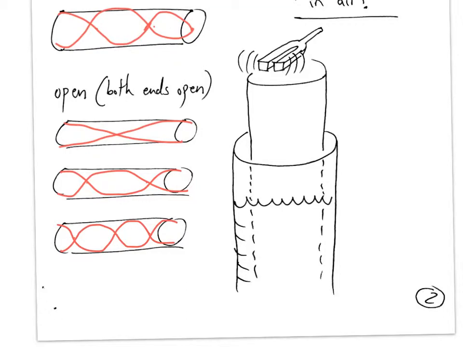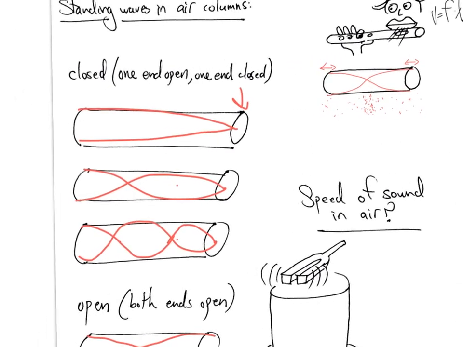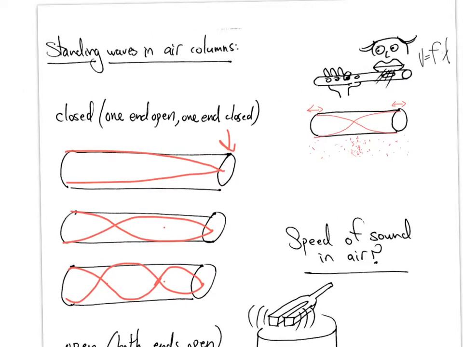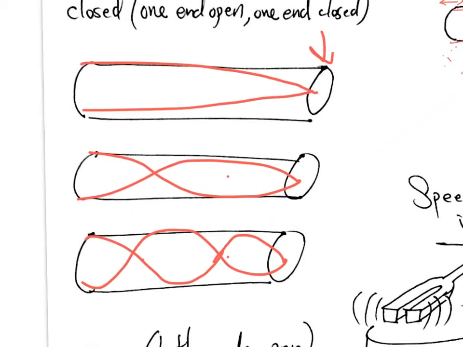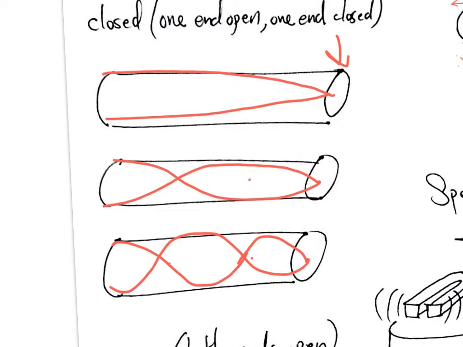Okay, so let's talk about the relationship between the length of the air column and the wavelength of the standing wave, and then the frequencies. So this would be the fundamental frequency, so we can just call that F. Obviously this is the length of the air column, and we're thinking about the relationship between the length of the air column and the wavelength of the standing wave.